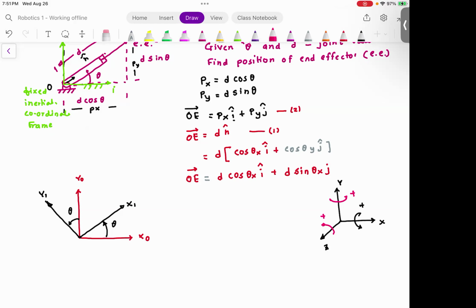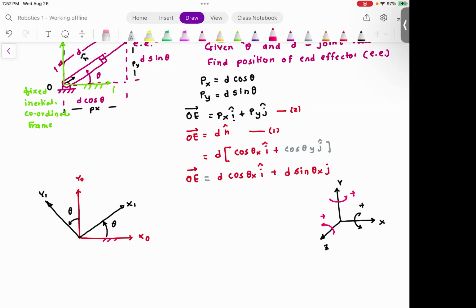Now, one thing I want you to understand is we will always go from the old frame to the new frame. So the first frame that we have is x0. We are going from x0 to x1. If you have x2, then you are going to go from x1 to x2.